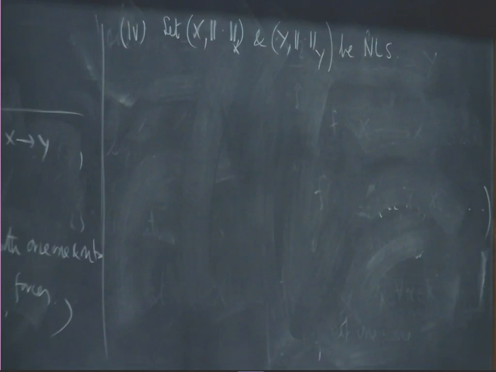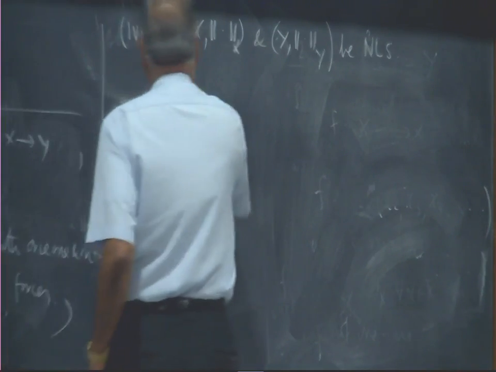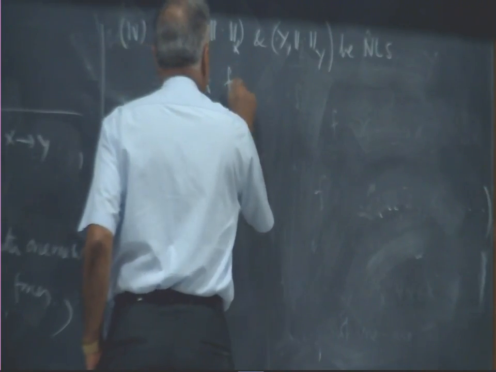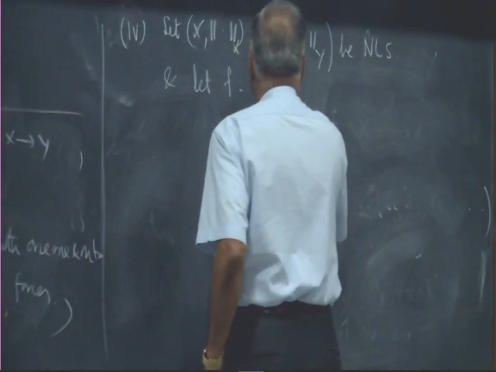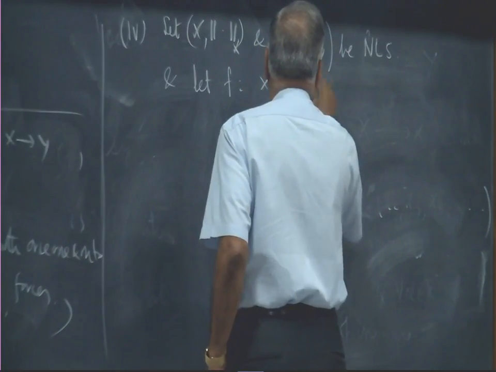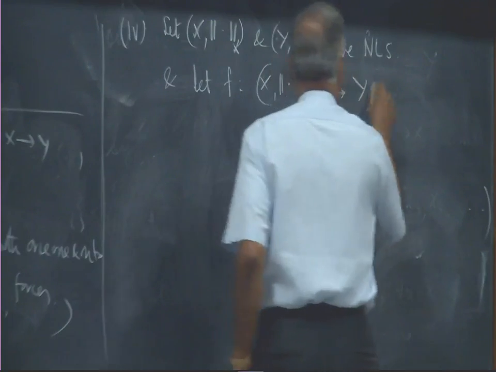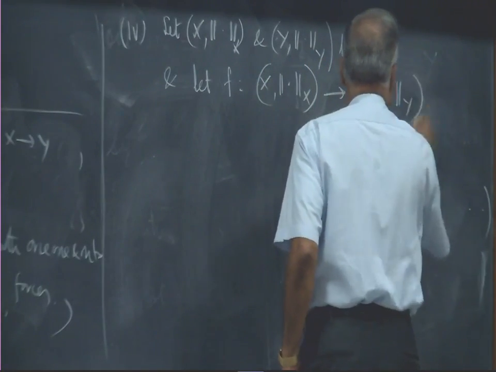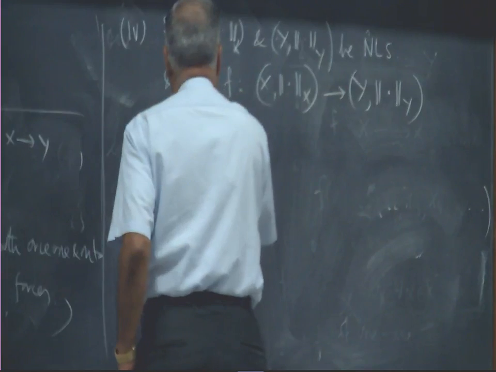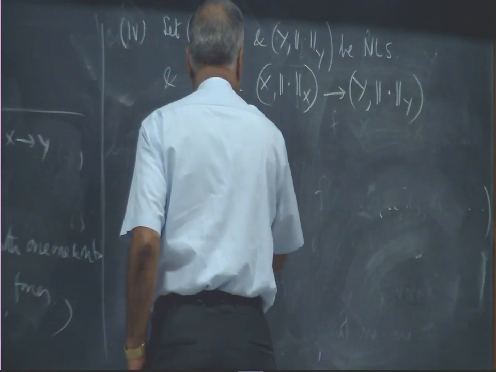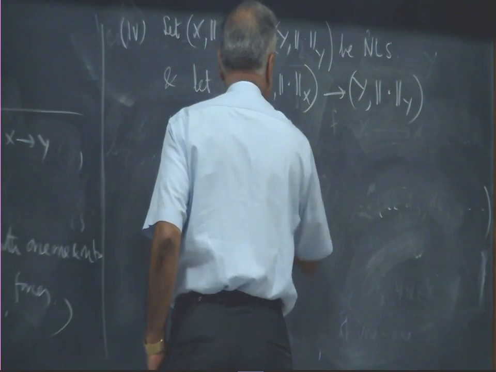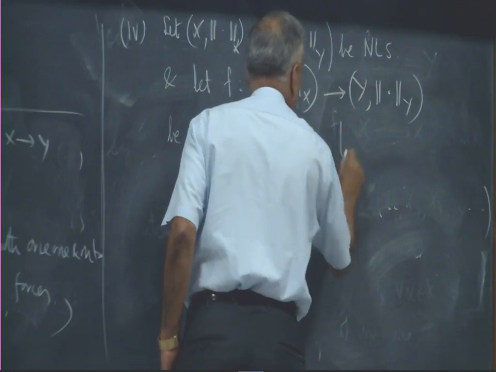So I have an additional structure, and let F mapping X to Y be a bounded linear transformation.